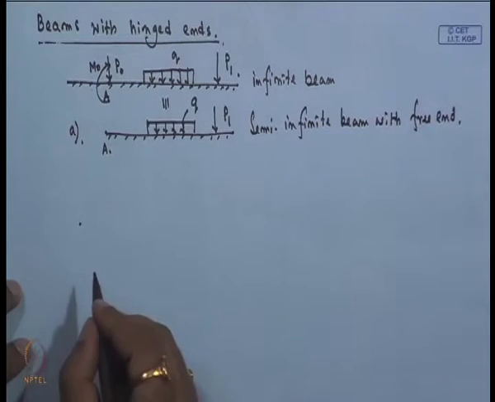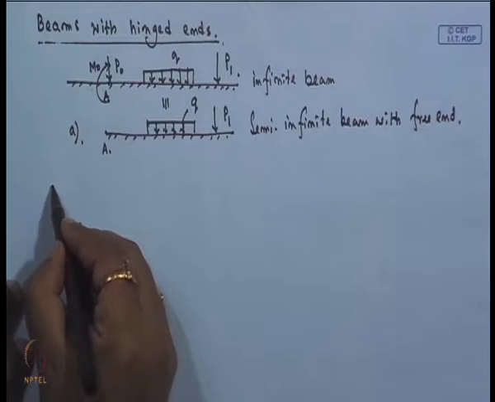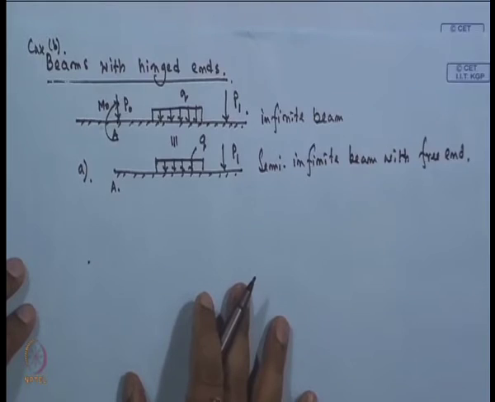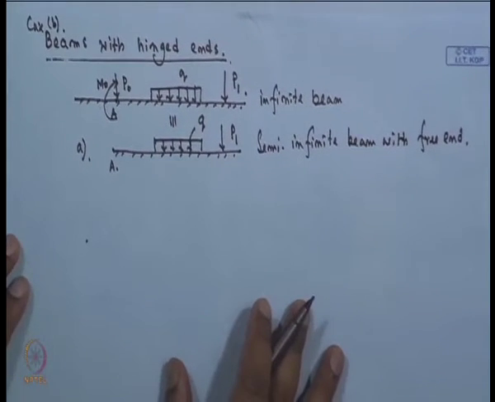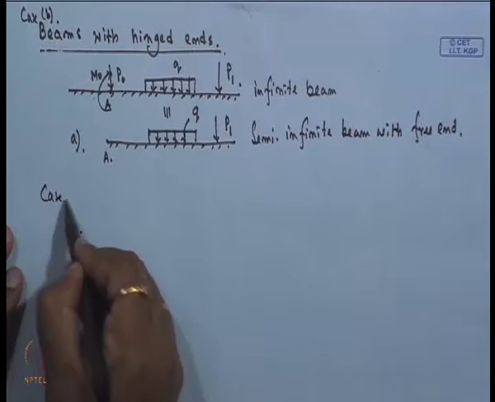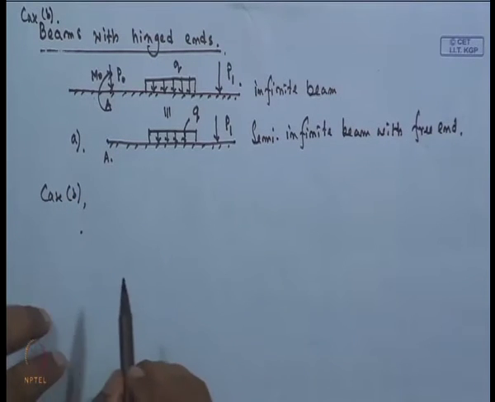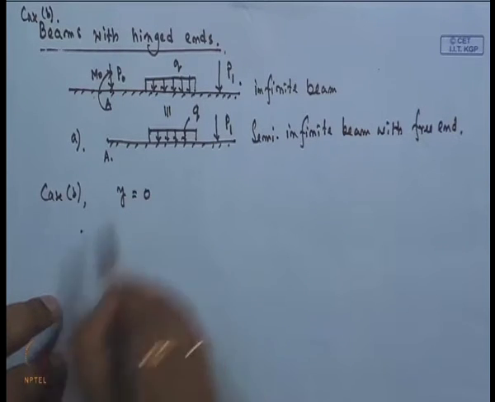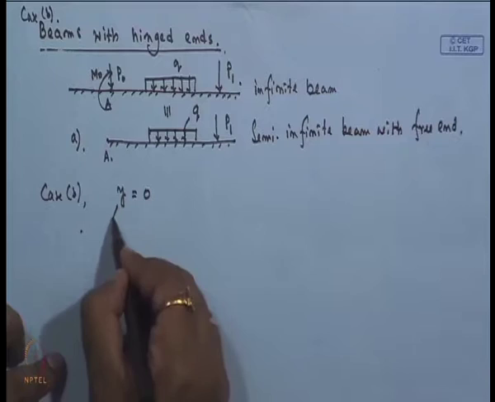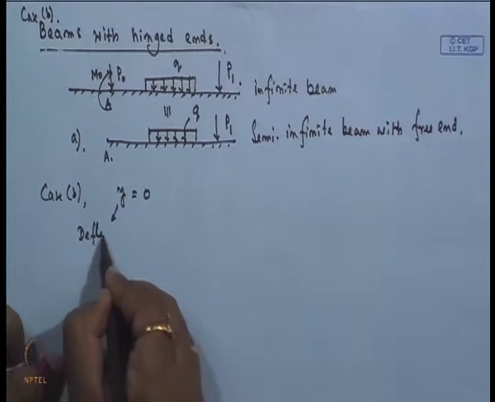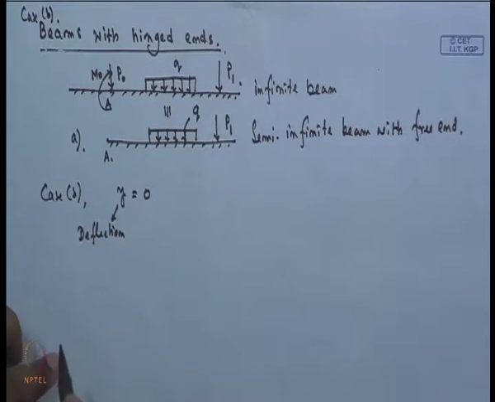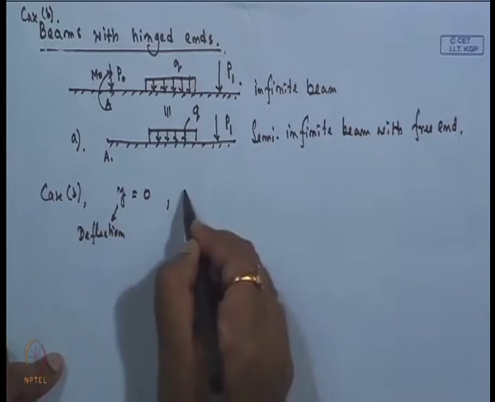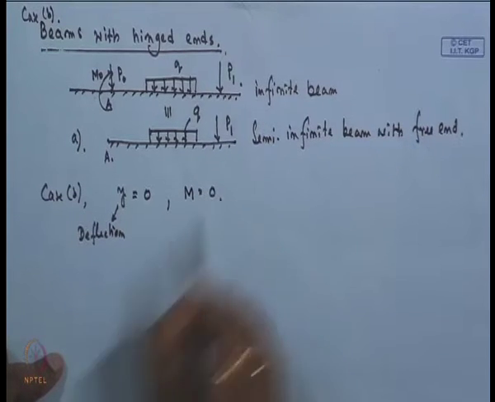So, A end is hinged. That means the condition for this is case 2 or case B. As it is a hinged beam, the deflection will be 0 and the moment will also be 0.